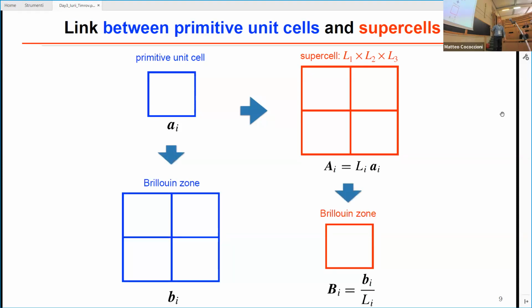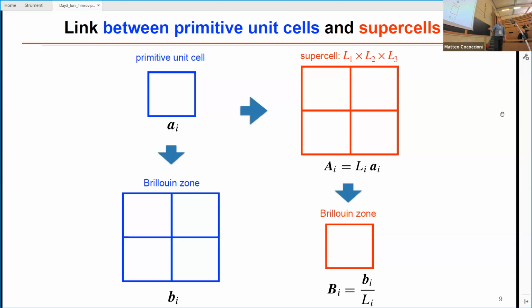Now, what about the Brillouin zones? As you know, if you have a small cell in real space, you have a big Brillouin zone in reciprocal space and vice versa. If you have a big cell in real space, in reciprocal space, you have a small Brillouin zone. So if we define small b as the reciprocal lattice vector, the size of this Brillouin zone, then capital B would be the corresponding reciprocal lattice vector for this Brillouin zone.